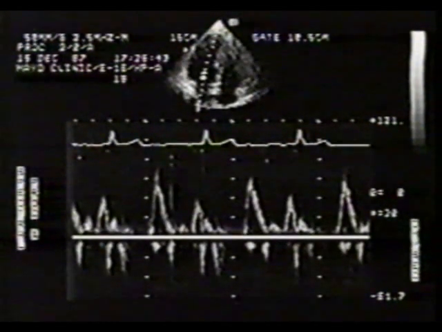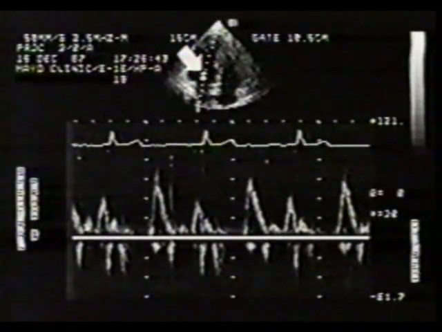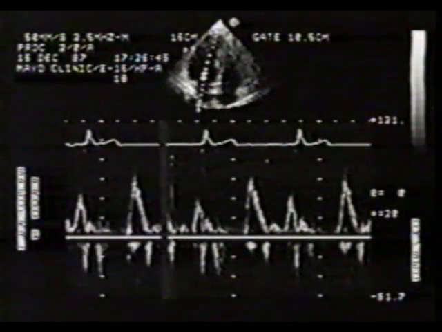The sample volume is still at the tips of the open mitral leaflets. Usually in this position, the opening click of the anterior leaflet is audible. We will now move the sample volume.